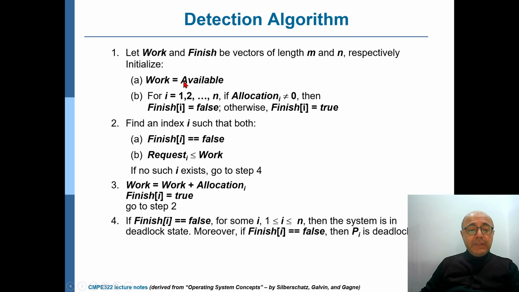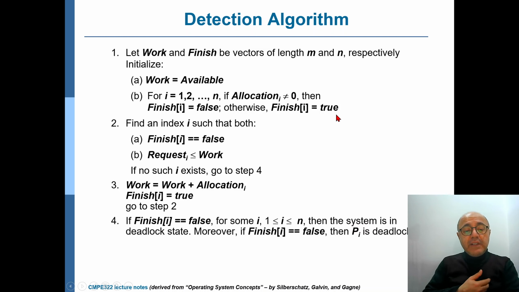This time, finish is set to false if the corresponding process has some resources allocated to it. But if a process has no resources allocated to it, then definitely it's not in a deadlock, because a process that does not hold any resources cannot be causing a deadlock. Therefore, for such processes, the finish value is true.